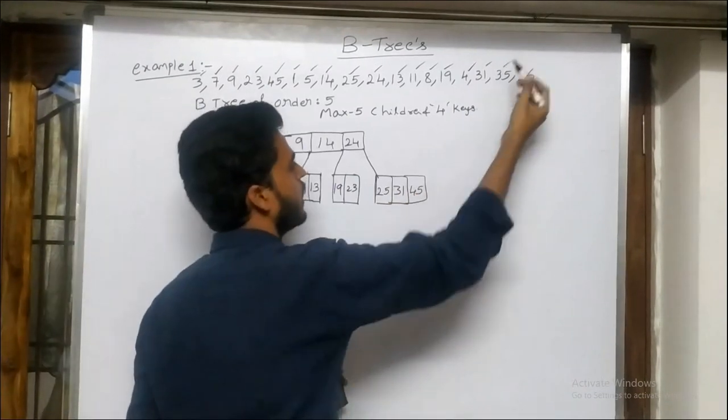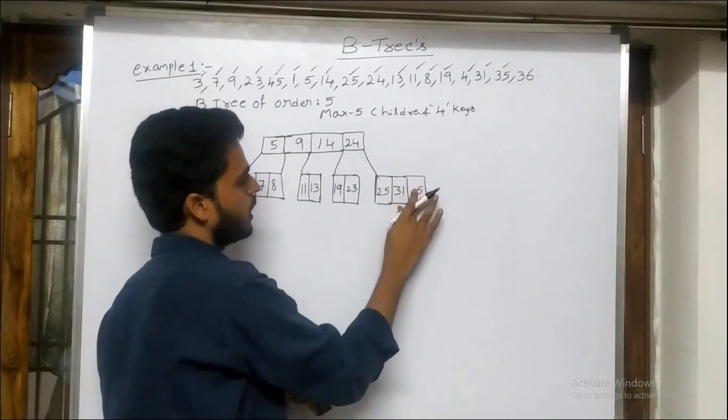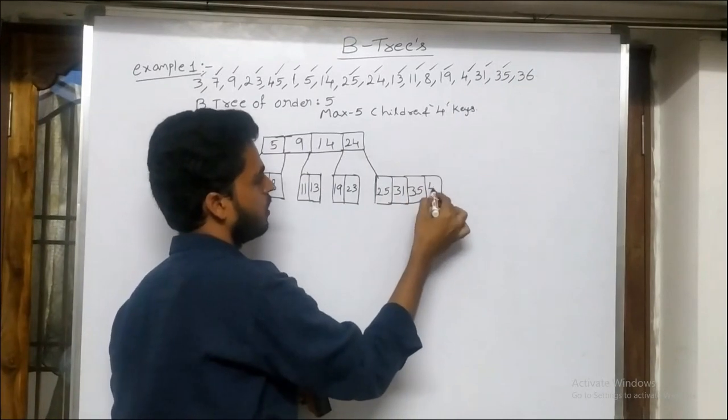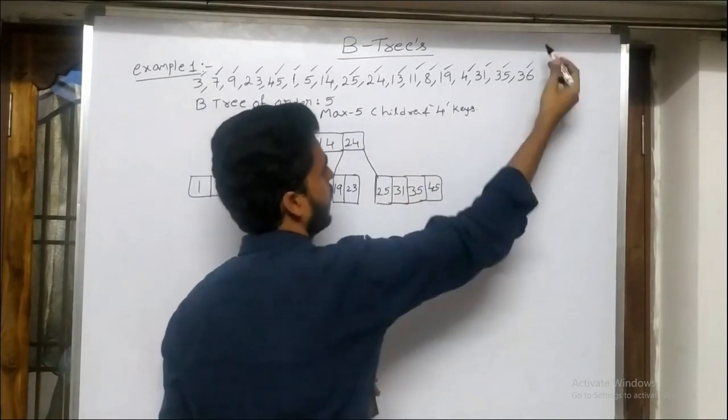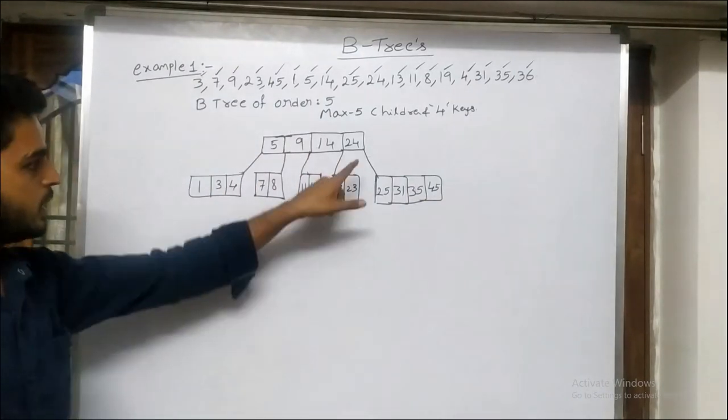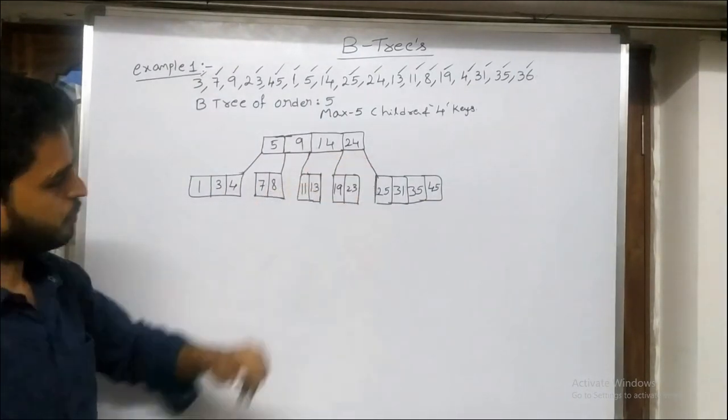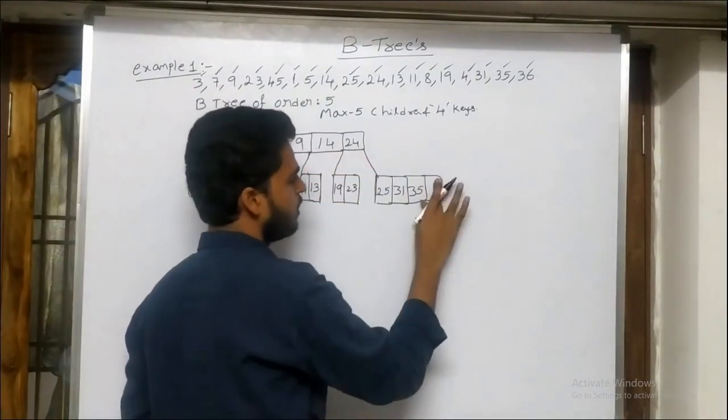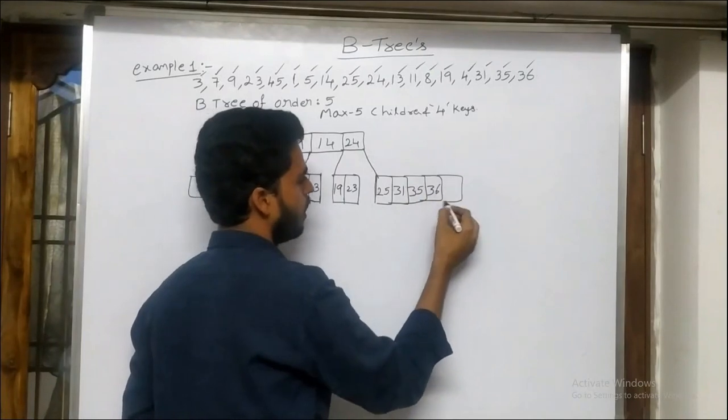Next I got 35. 35 is greater than 24, so here it will get 35, 45. Next I got 36. 36 is greater than 24, so obviously it will insert here 36 and 46.